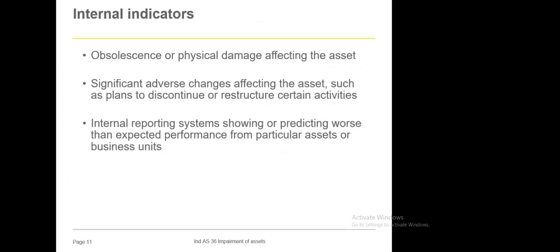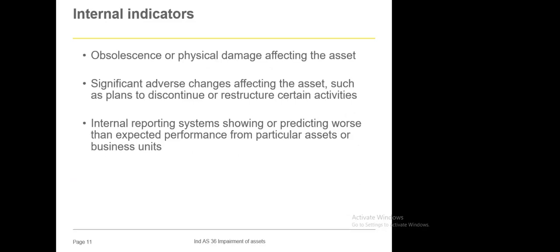Now moving on to internal indicators, like obsolescence or physical damage affecting the asset. If I take an example, suppose there's a company which has issued a laptop to an employee, and by mistake, the employee has damaged the laptop. So this is an internal indicator because this has happened because of that employee.